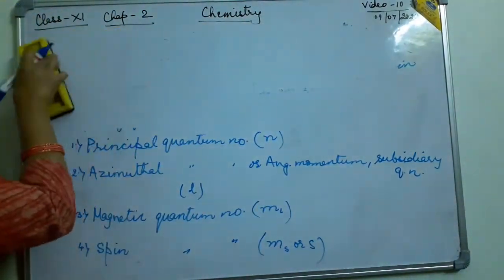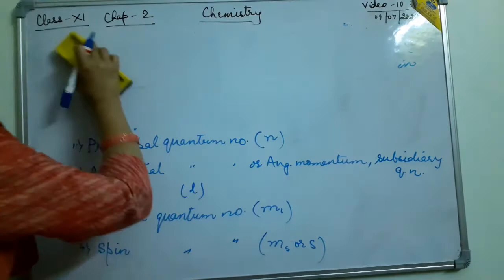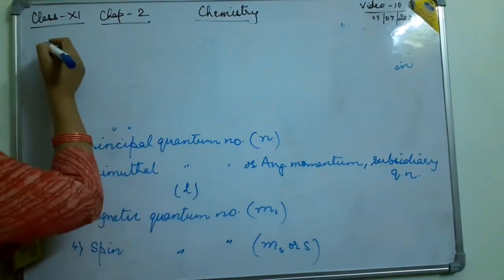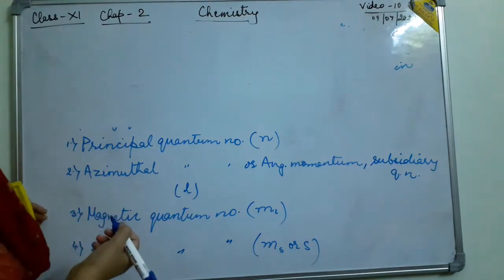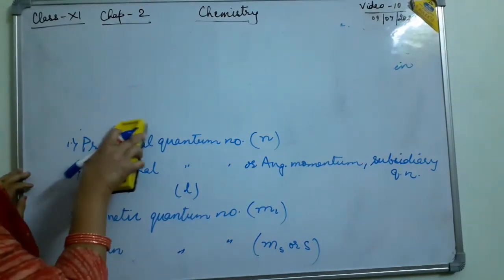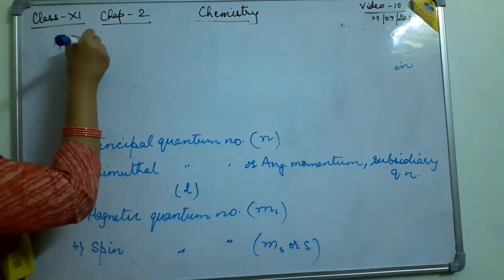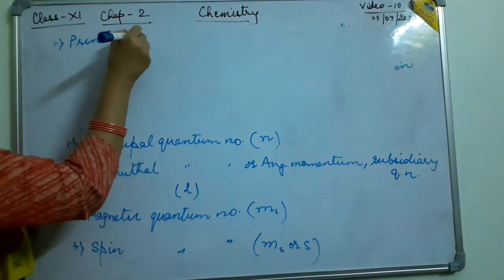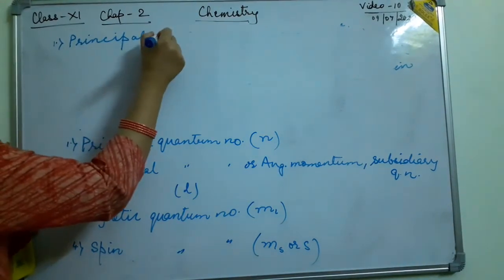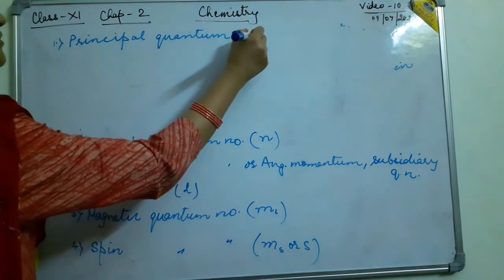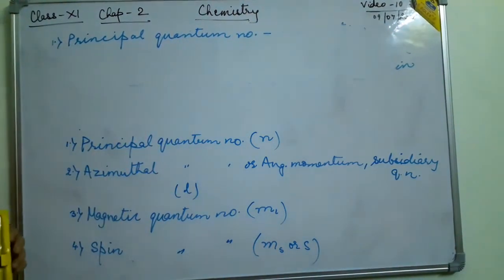Let's start with the principal quantum number. We calculate various things by this n value. The principal quantum number gives information about the size of the atom. We can calculate the size of the atom by the principal quantum number.